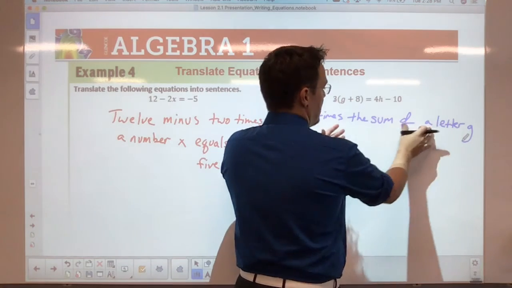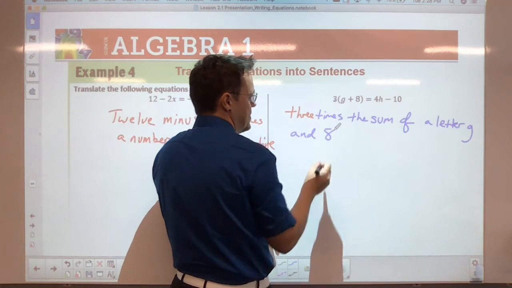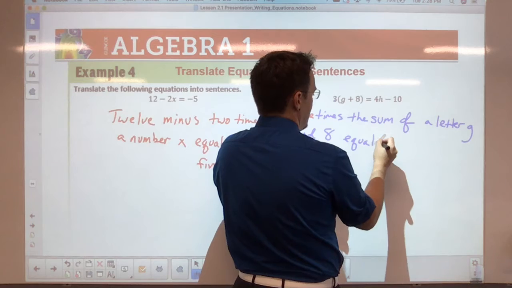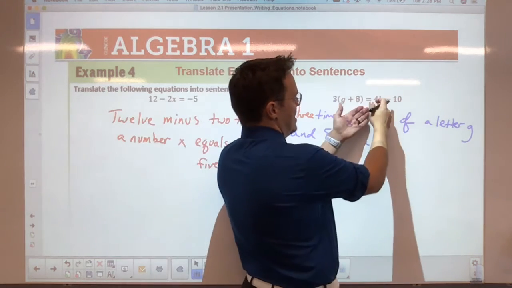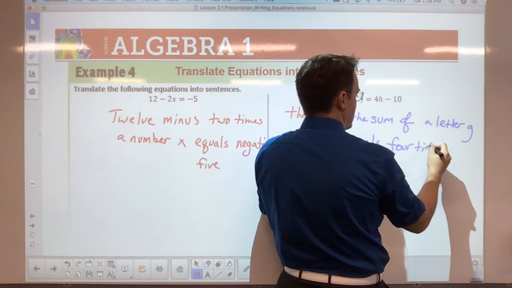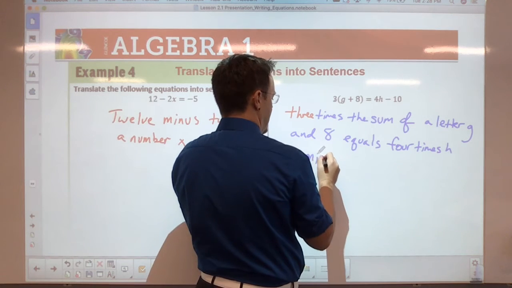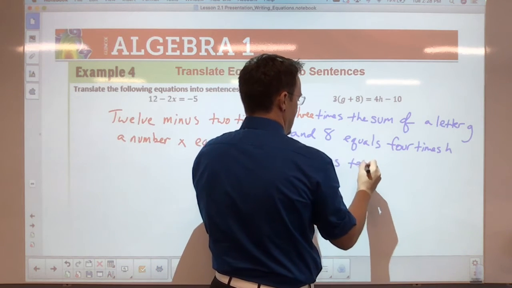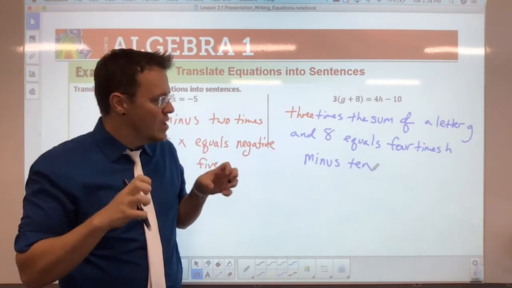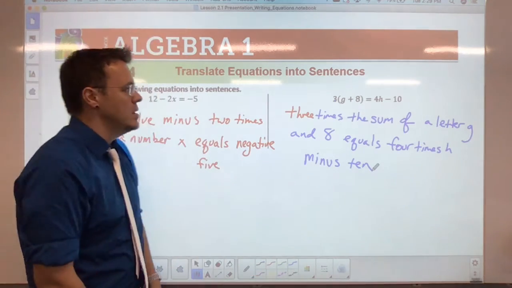But it's between the sum of a letter G and 8, okay? And then it equals, I always like to use equals, you could use is if you want, it's up to you. Okay, and now same thing, it would be, write it as you see it, 4 times h, and then it ends off with -10. The idea behind this concept is to make sure you guys can see it, understand it, and write it down. Okay?